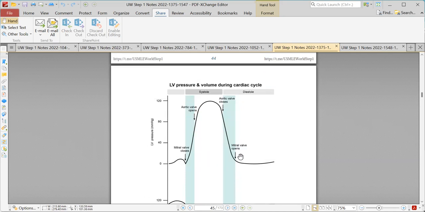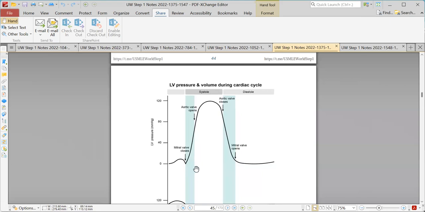This is the point where the mitral valve actually opens. So S1 is good here. S1 is the mitral valve, bicuspid valve closure. It is the loudest at the apex.